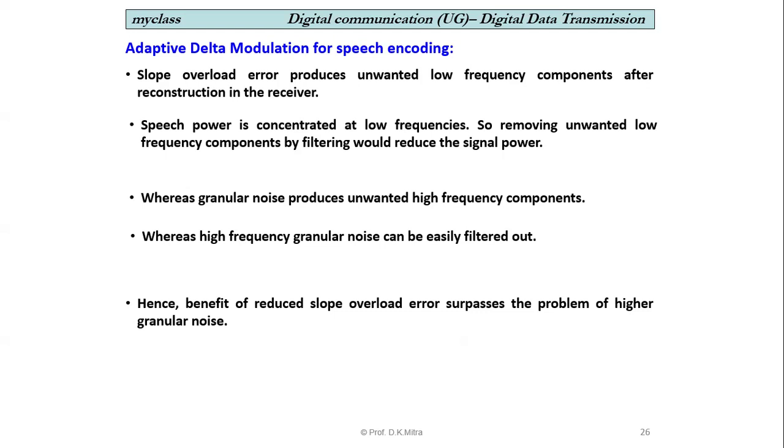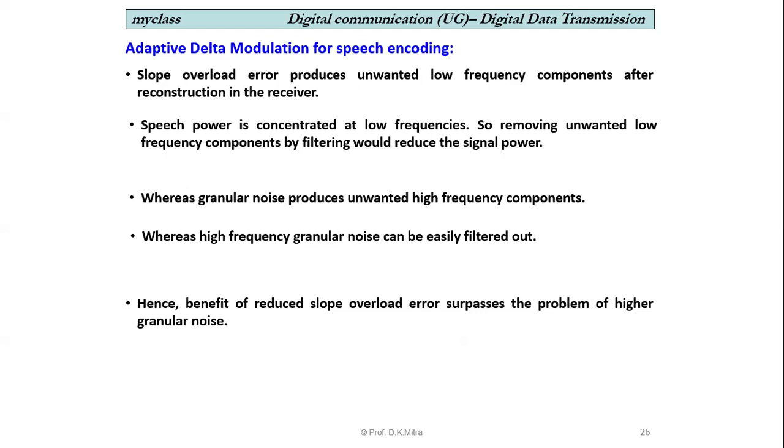If you remove some higher part of the frequency spectrum by some equalizer, you will not lose much of the speech when you hear it. So adaptive delta modulation increased the granular noise, which increases the higher frequency components, and you can easily filter those out, which do not carry much power or information.